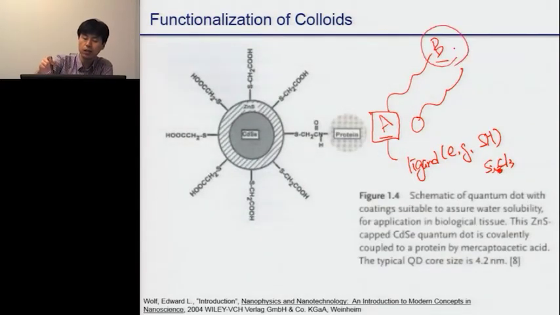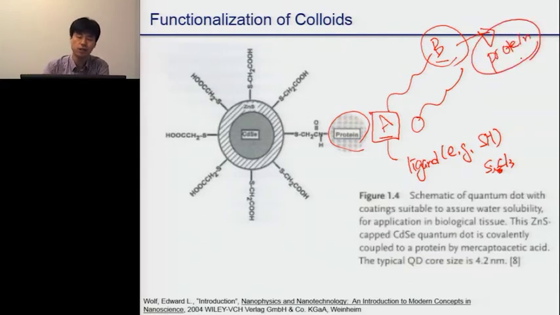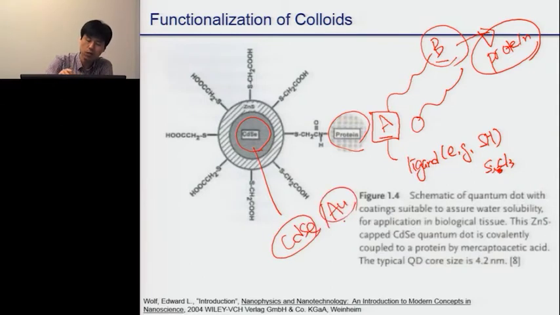And then here we can put another functional molecule, like a protein in this case. As we discussed in the previous lecture, we can modify this inorganic nanoparticle, in this case cadmium selenide, but it could be gold, to be compatible with biomolecules.